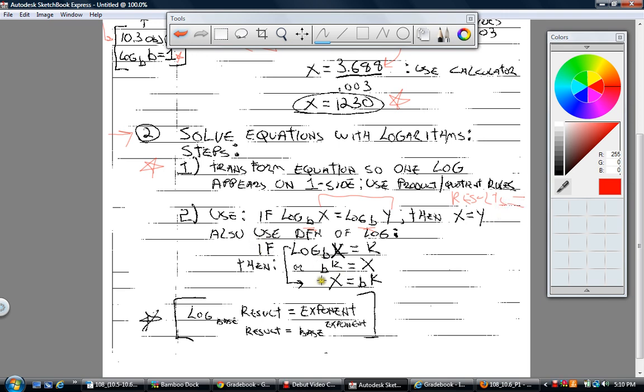Another way, like in the first example of this section, is to convert from log into exponential format. Here I summarized that the log of the base with the result equals the exponent. If you want to convert this from log into exponential format, bring down the result; it equals the base raised to the exponent.